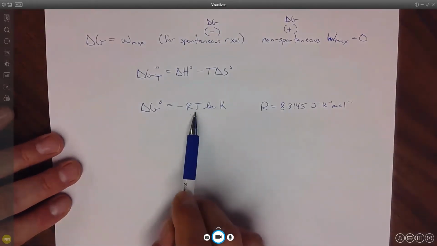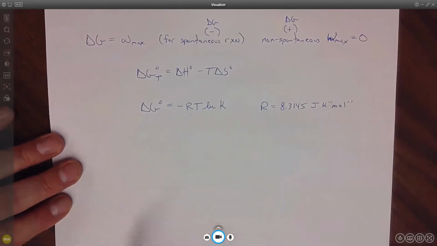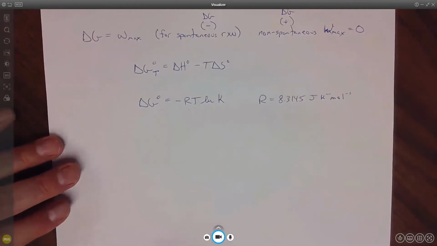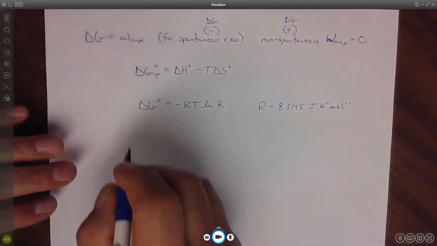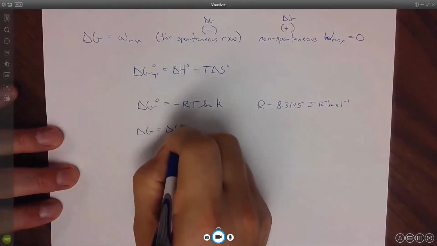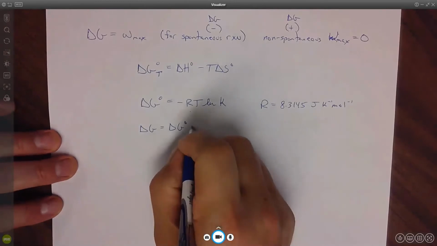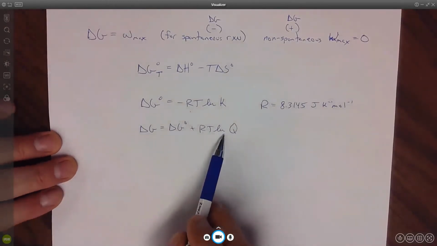And this, of course, is the absolute temperature, which again is dictated by the units in R, the molar gas constant. Then we're actually going to be able to predict which way a reaction can proceed from the free energy itself. We're going to say the free energy in relationship to the standard free energy plus RT, the ln of Q, that reaction quotient.